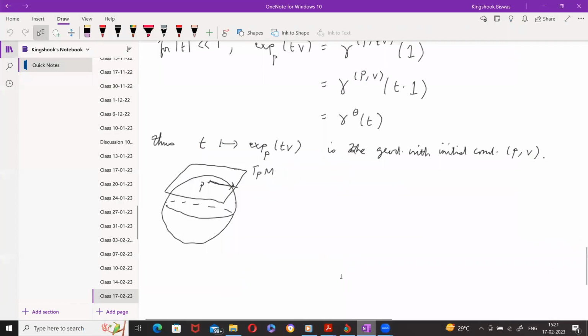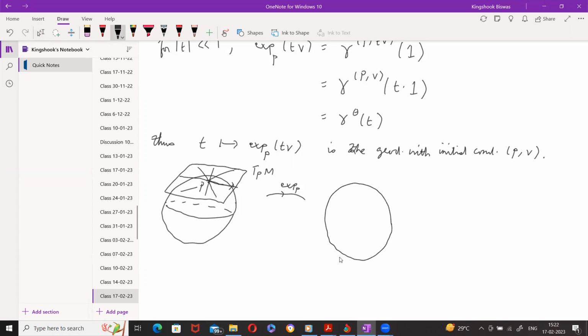So the picture is that if we're looking at, say, the tangent space to a point in my manifold, I look at all the straight lines through the origin. So those are of the form t goes to tv for some vector v, right? Then these straight lines under the exponential map at p, t goes to xp of tv, this will give me all the geodesics passing through p.